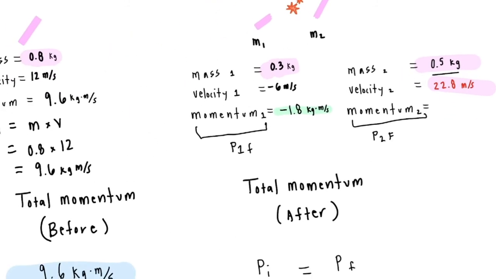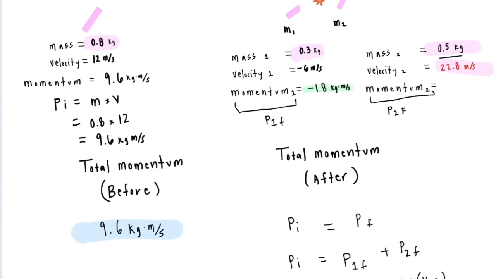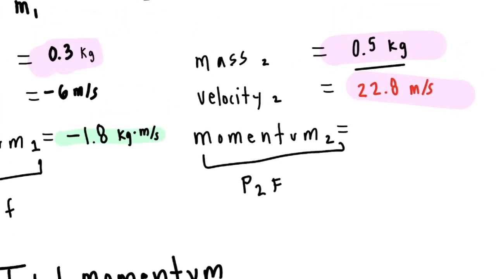And I'm just going to show you that the initial momentum is equal to the final momentum by calculating the momentum really quick. So the momentum of the second object would be 0.5 times 22.8.